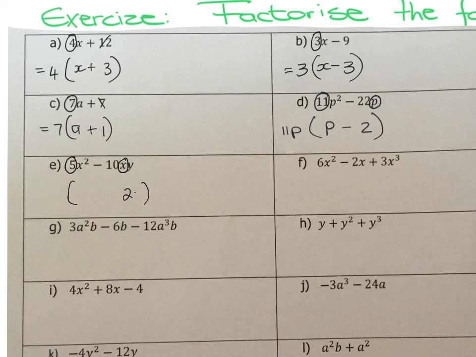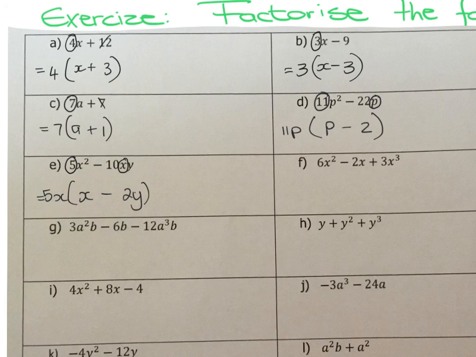So y. So I can write my y down so long. X goes into x squared, so there's 1x left. So let's write my common factor in front, and that will give me 5x times x gives me 5x squared, and 5x times minus 2y gives me minus 10xy.